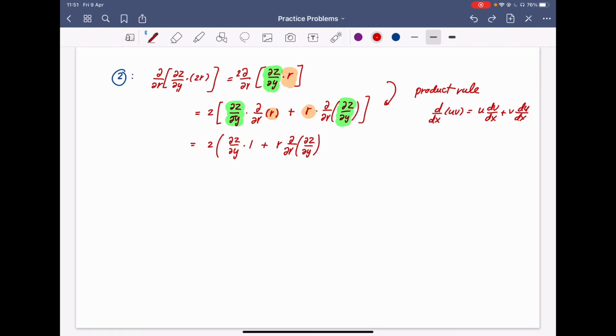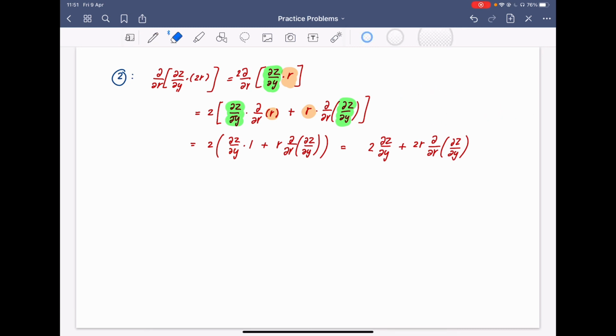At this point I'm going to multiply number 2 back over there, so you get 2 times curl C by curl Y, plus 2R differentiate with respect to R curl C by curl Y. Alright, that is what I have. The only term that I need to compute is the last one that I highlighted in yellow here. I still need to compute that thing, but other than that, I'm done.